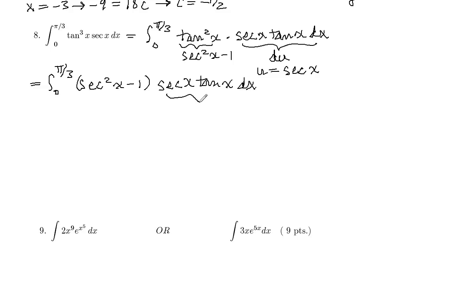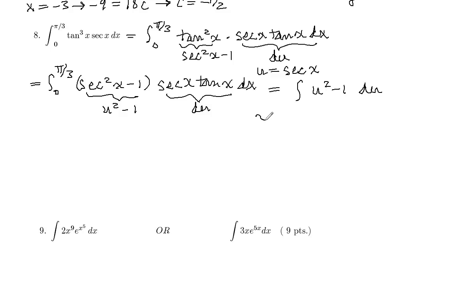So here's our du. And if u is secant, then this is going to be u squared minus 1. So now we'll change everything over to u. So this will be the integral of u squared minus 1 du. And we've got to change those limits of integration, the 0 and the pi over 3.